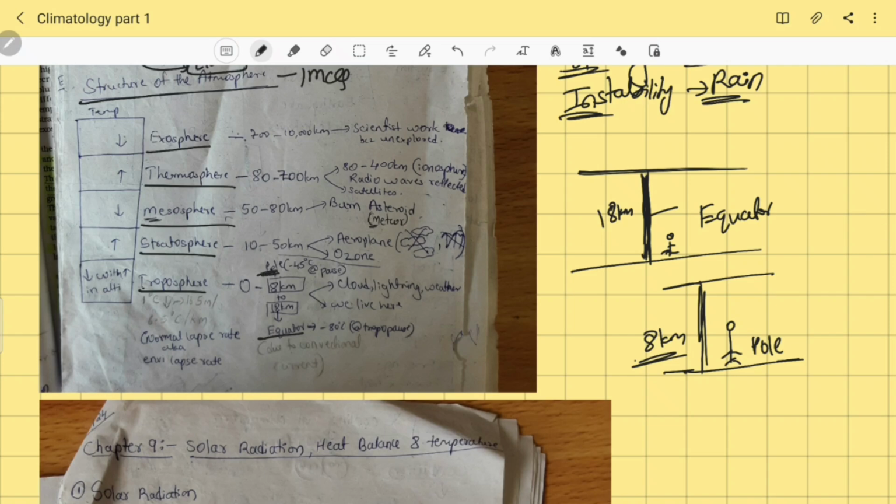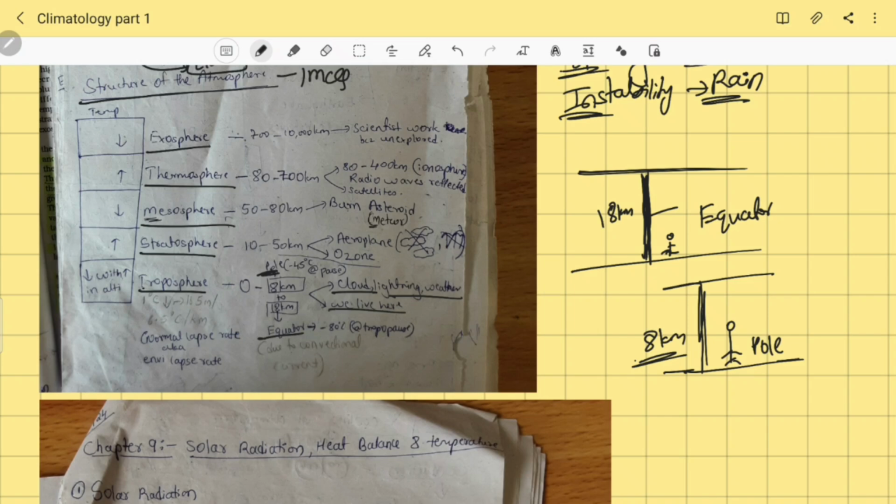Okay, and next thing you need to know about the troposphere is all the lightning and rain, whatever you see, that happens in the troposphere itself, like the clouds, lightning, weather, and all the activities you see, that happens in the troposphere, and we live here.